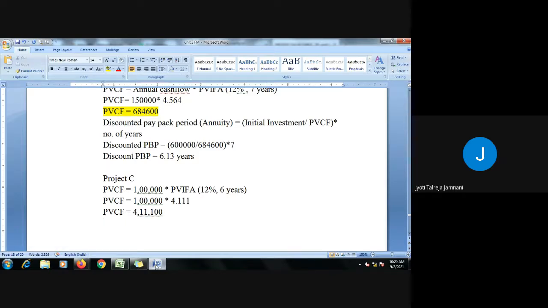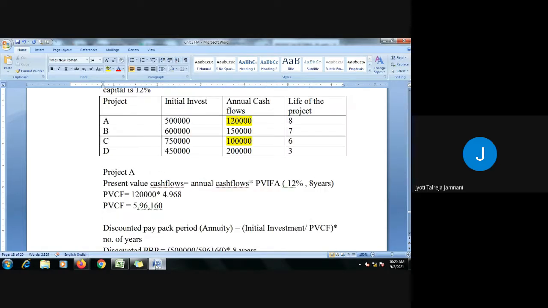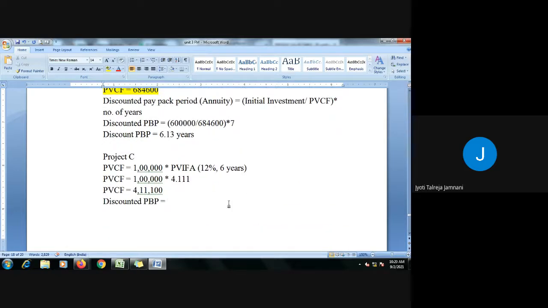Now we'll find the discounted payback period for an annuity, which is equal to initial investment. Initial investment for project C is 7,50,000 divided by the present value of cash flows 4,11,100 into life of the project, which is 6 years.